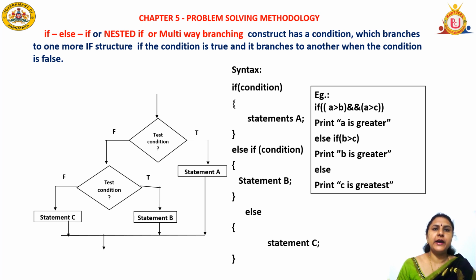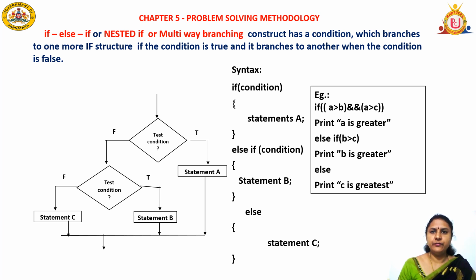The flowchart pattern is given, that is, test the condition. If it is true, it will execute statement A. If the condition is false, it will check one more condition. If it is true, it will execute statement B. If that condition is false, it will execute statement C. Come to the syntax.